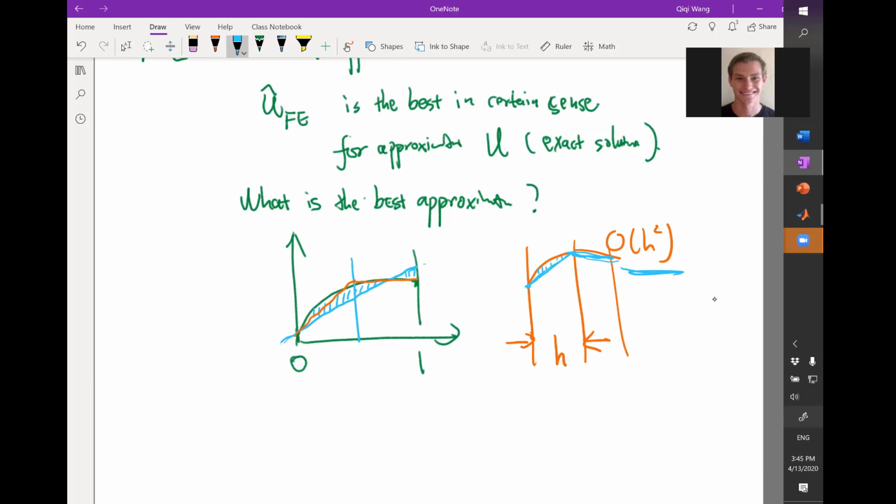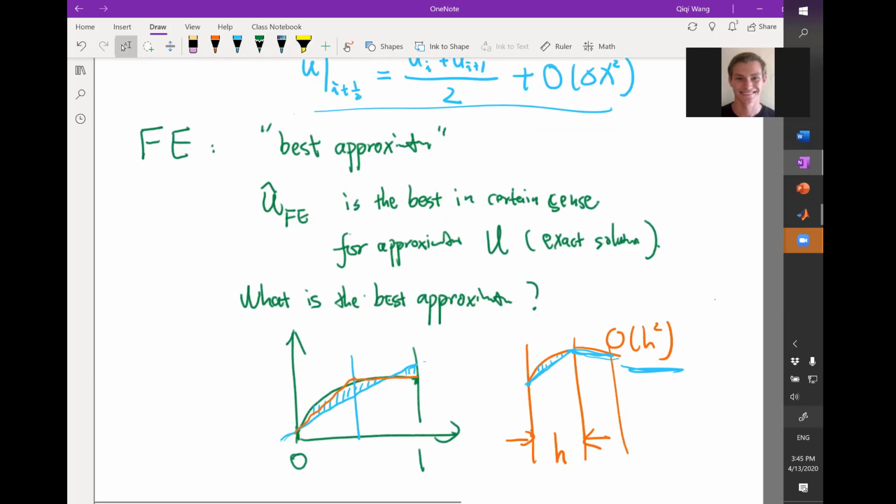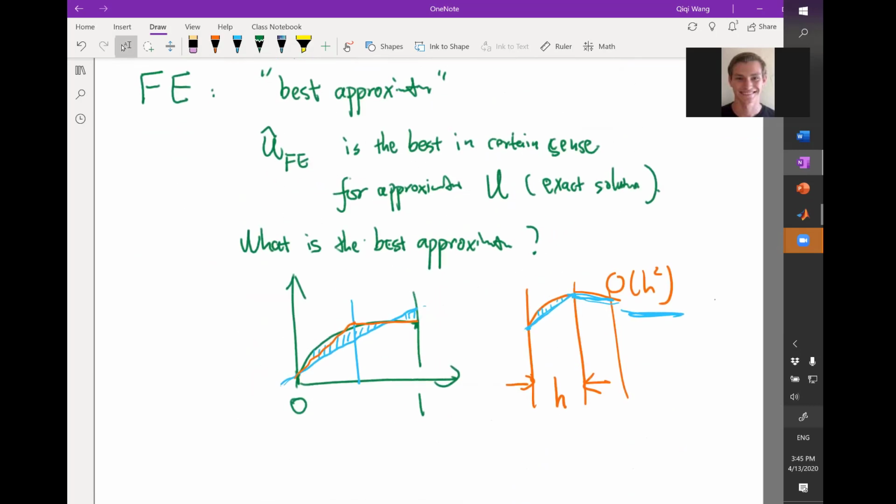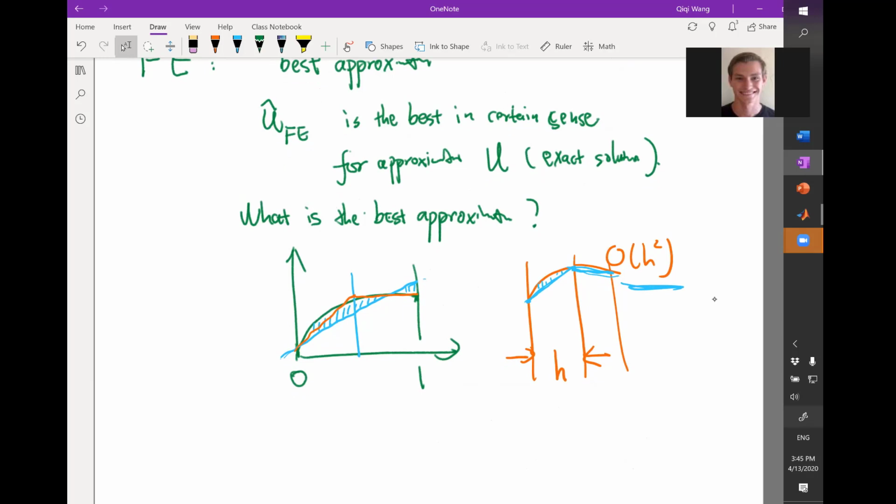And the analysis hinges a little bit, it's not as easy as what we can do in finite volume and finite difference. It hinges on the mean value theorem. So the mean value theorem is essentially saying that this slope actually has to coincide with the first order derivative of the function somewhere inside this element.